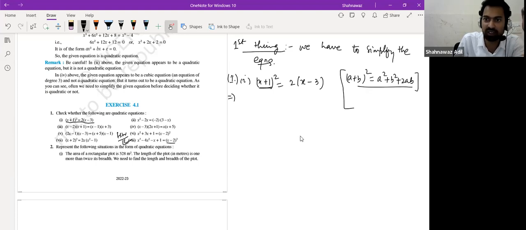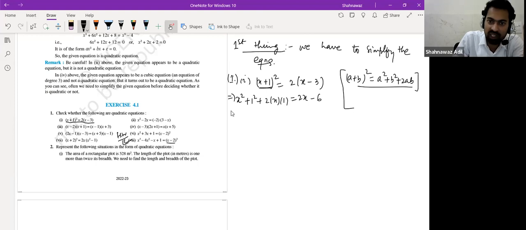This is the identity. So this would be x square plus 1 square plus 2x into 1, right? And this would be 2 into x and 2 into minus 3, right?